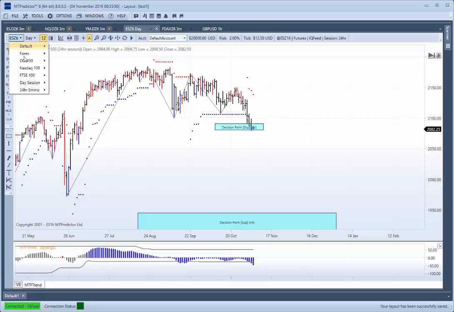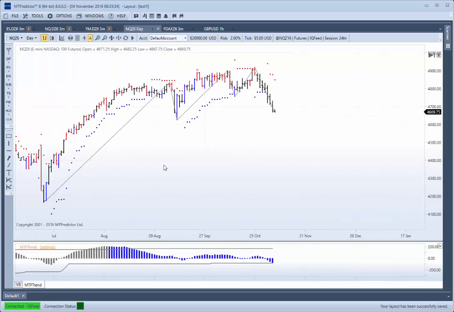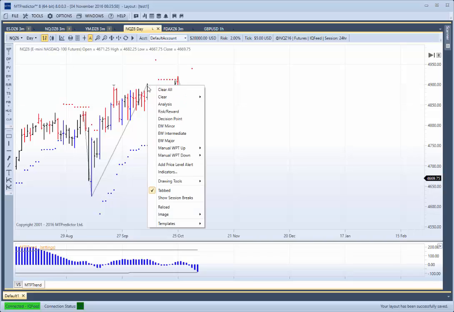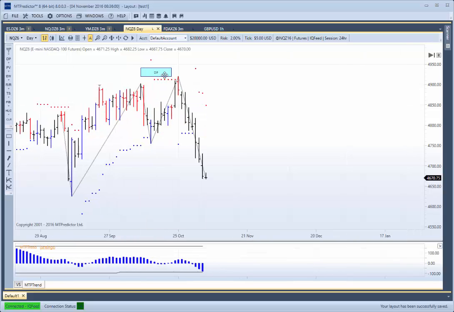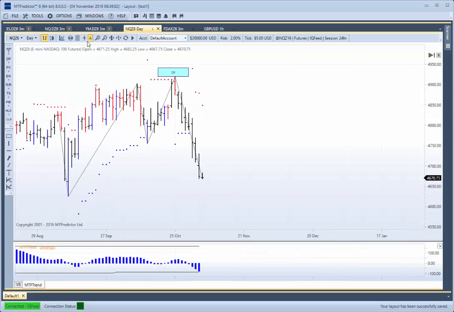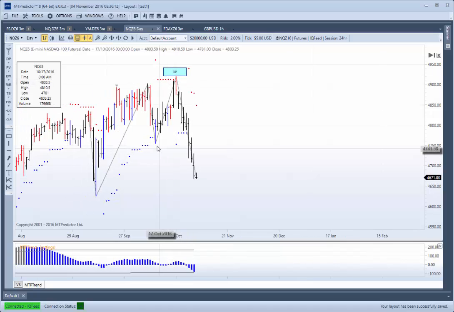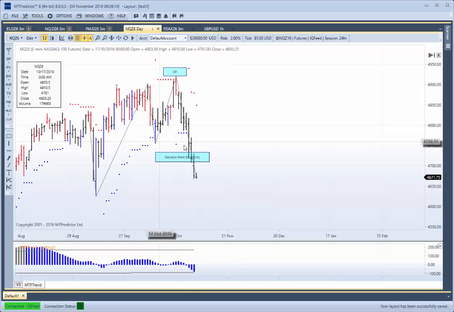Let's have a look at some other markets. Let's have a look at the NQ, again on a daily chart. Interesting here, if we place our DP off this last pivot, notice how the market went up and actually tagged the pivot high there, that day was the 25th of October. So we actually caught that high very nicely with our DP resistance zone. The market has now gone through this DP here.